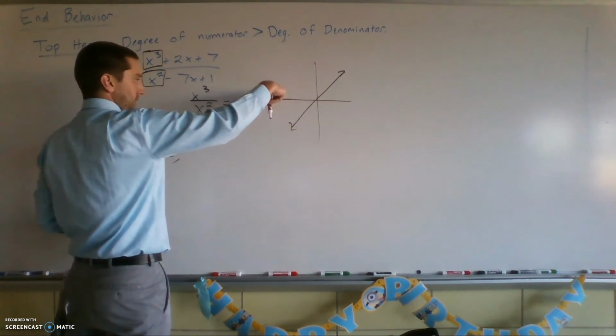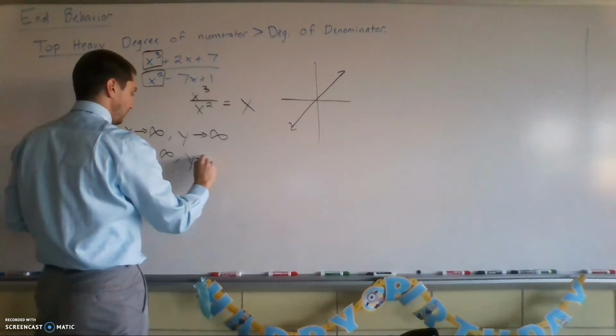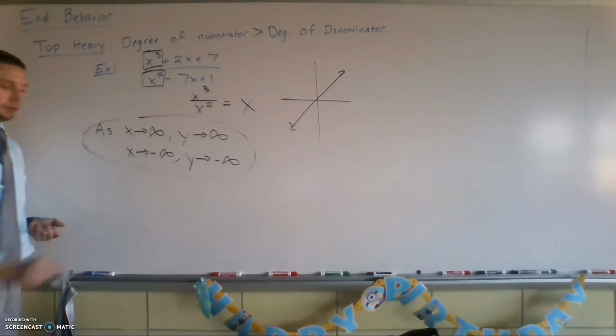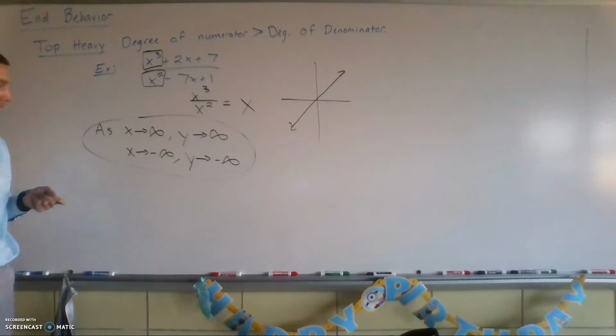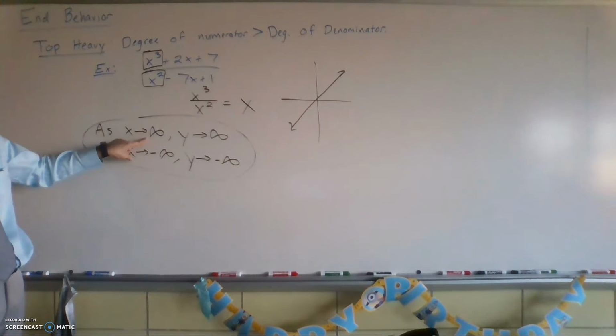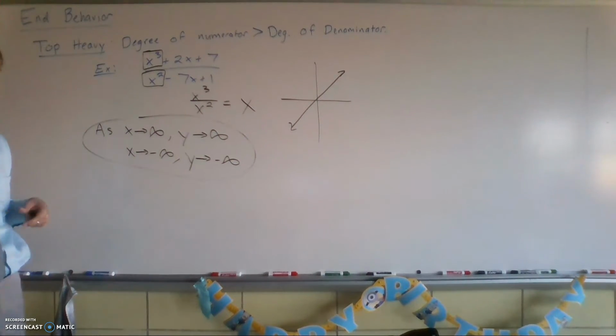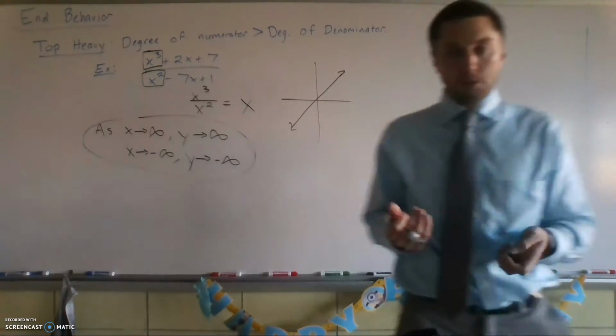Well, as x goes to negative infinity, my y is going to negative infinity. And so this is what we would say our end behavior is. Our end behavior tells me what's happening as x gets really, really big, and what happens top heavy. Quick summary, we'll do one more example.